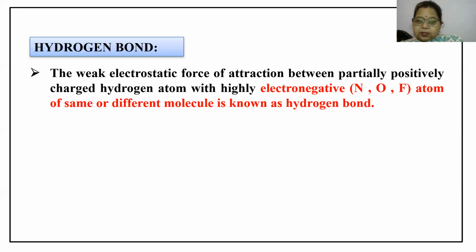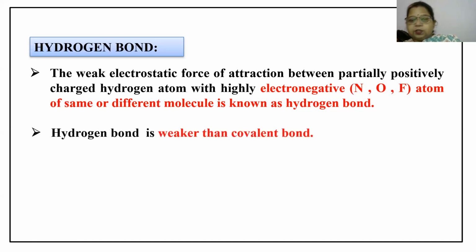The second thing is the hydrogen bond is weaker than covalent bond. We say that ionic bond is very strong because it is formed between atoms which are oppositely charged, one positively and other negatively. In chemistry, opposite charges attract each other a lot. Covalent bonds are formed by sharing.